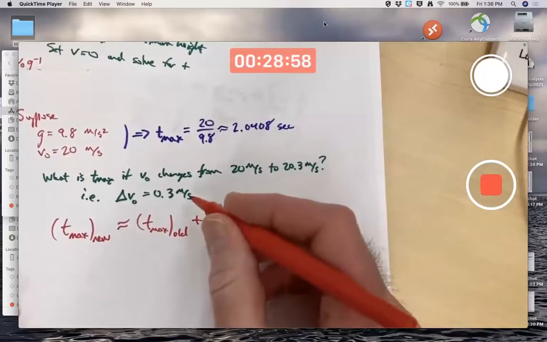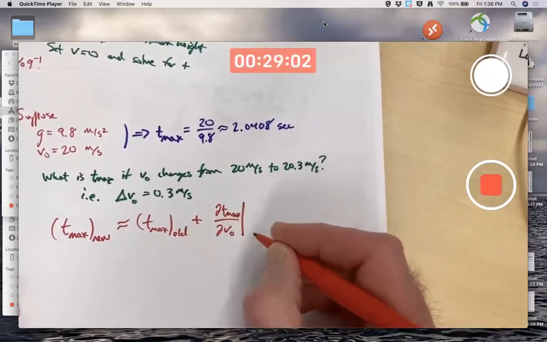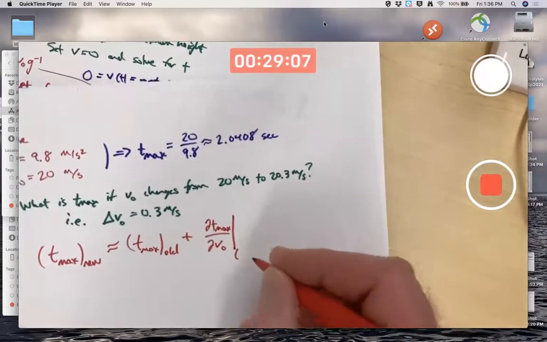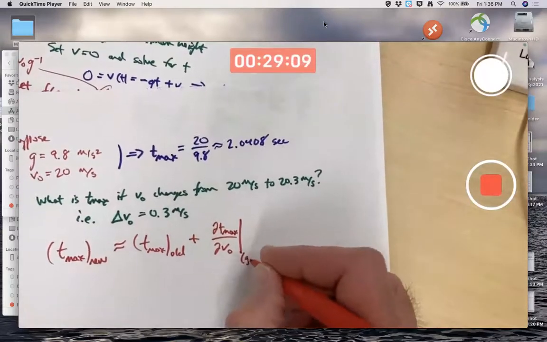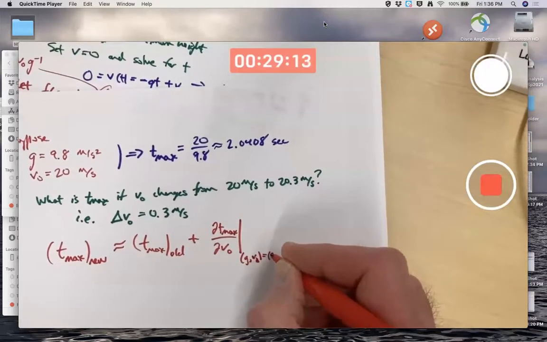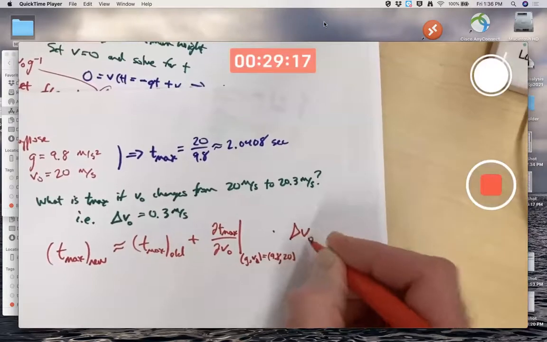We're changing V0. It's got to be with respect to V0, evaluated at g comma V0 equals 9.8 comma 20, times the change in V0.